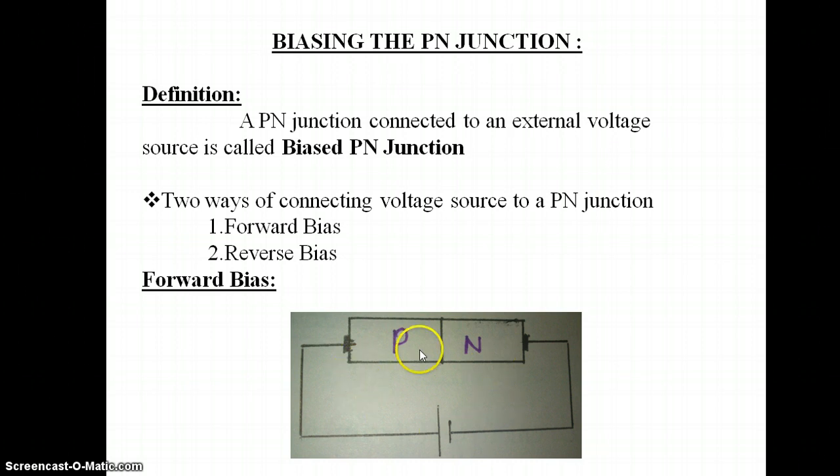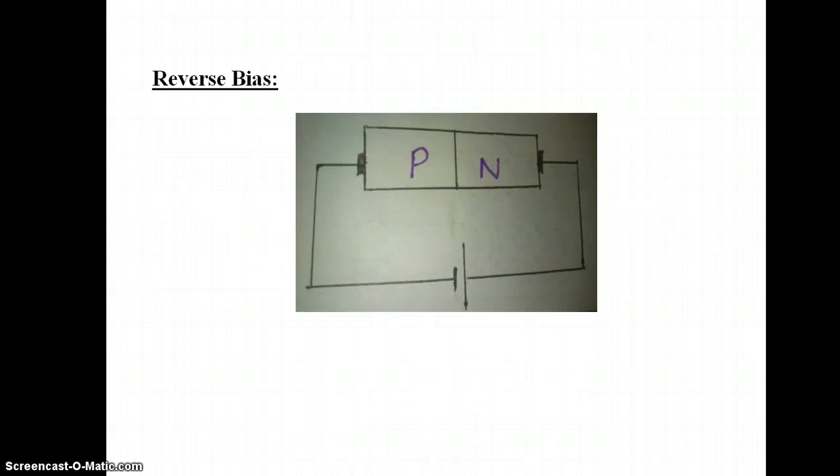So during forward bias, a large amount of current flows through the junction. Next, reverse bias. Reverse bias means the positive terminal of the voltage source is connected to the N side and the negative terminal is connected to the P side. So in reverse bias condition, we don't have any current flow through the PN junction diode.